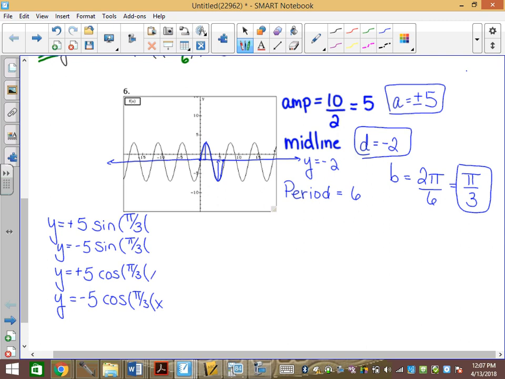Then the x in there, or wonderful, whichever way you want to think about it. I choose the latter. Okay. We don't know what goes in those. And what's the d? -2.